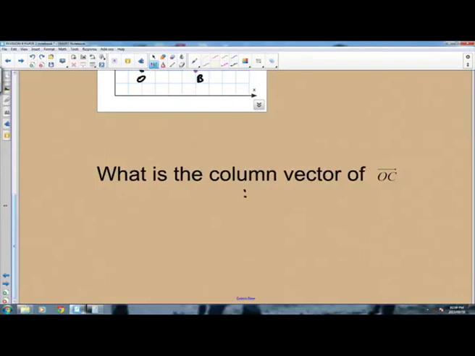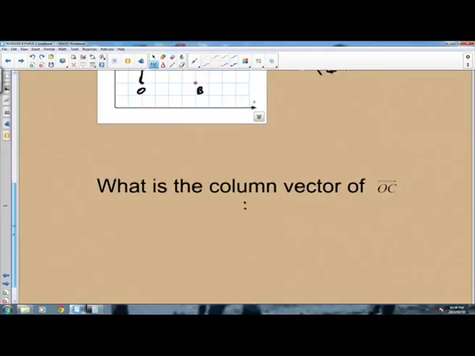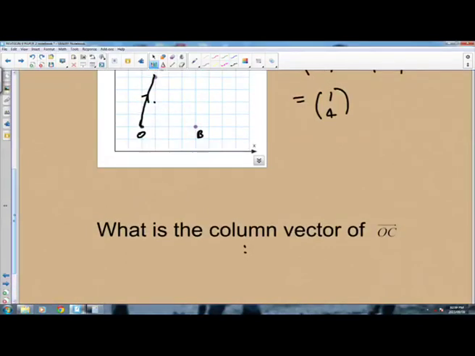And then let's look at the next question. The next question says, what is the column vector of OC? All that you need to do is to go back to the diagram and check what the column vector of OC is. The column vector of OC should be in the form X, Y. Meaning, you are to move along the X-axis, then move along the Y-axis.